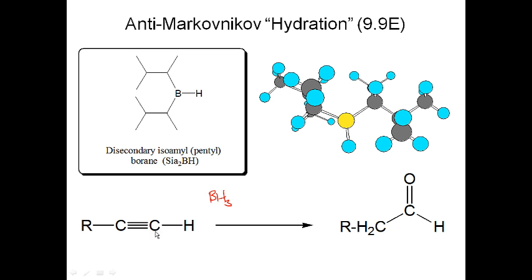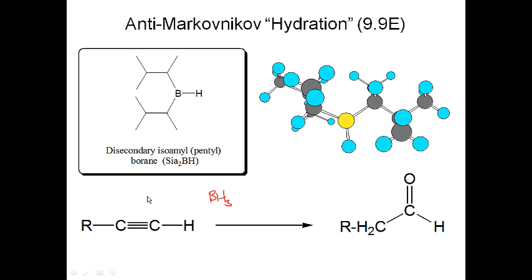The issue is that for an alkyne, since it's linear, there's really not that much difference in steric hindrance between the left carbon and the right carbon in this alkyne. And so in order to get better anti-Markovnikov yields, people came up with the idea of using a slightly different boron source than BH3, which is small and could add, basically this boron could end up added to either carbon and be perfectly fine.